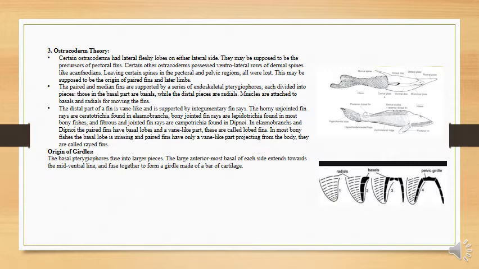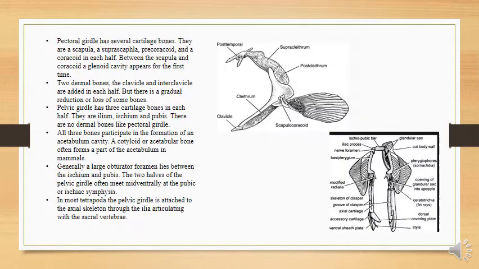Now, origin of girdles. The basal pterygophores fuse into large pieces. The large anterior-most basal of each side extends towards the mid-ventral line and fuses together to form a girdle made of a bar of cartilage. The pectoral girdle has several cartilage bones.